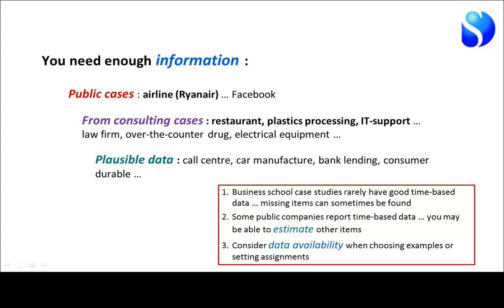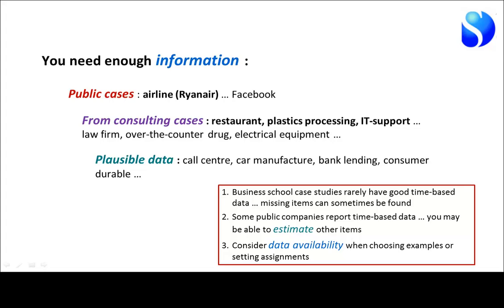So there's a very recent case study on the Ryanair company published by Dublin University Business School. Excellent case. But because strategy teachers have not traditionally come from a background where they think in terms of time-based data, very often that time-based data just isn't there.